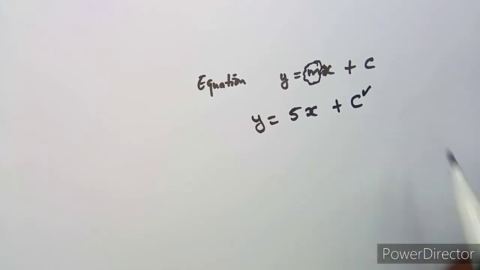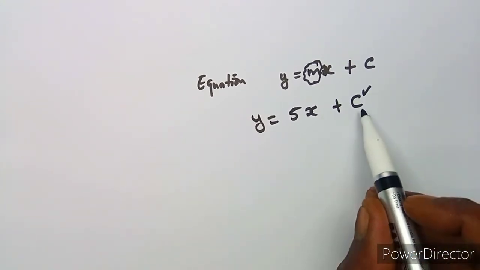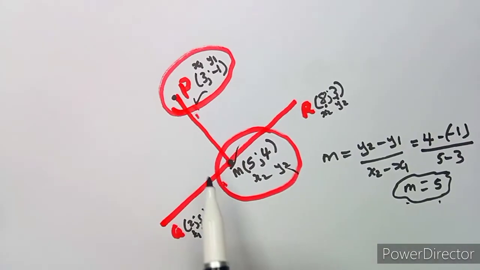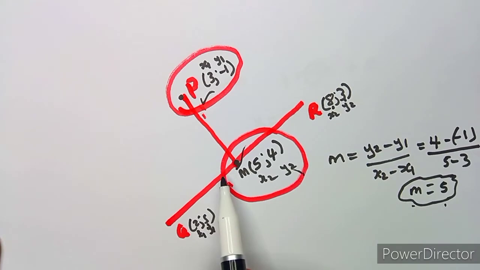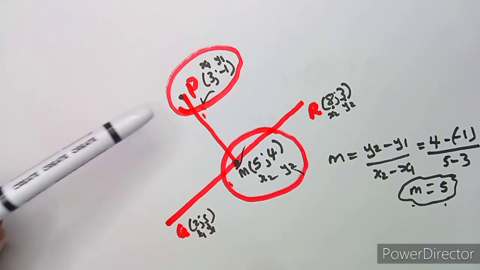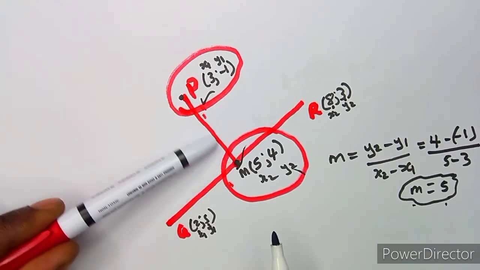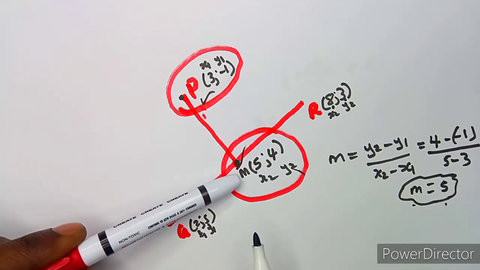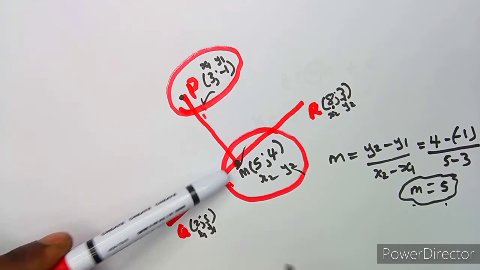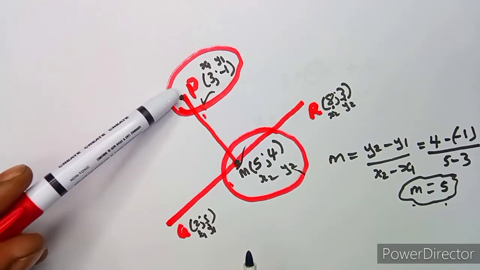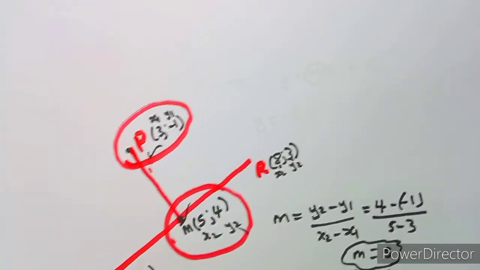So what is left is to find the value of c, which is the unknown. What am I going to do to find this c? I'm going to substitute any of the given points that are on the line whose equation I'm finding, which is the line P to M. So I'm going to substitute either point P or point M. In this case I'm going to take point P, which is (3, -1).